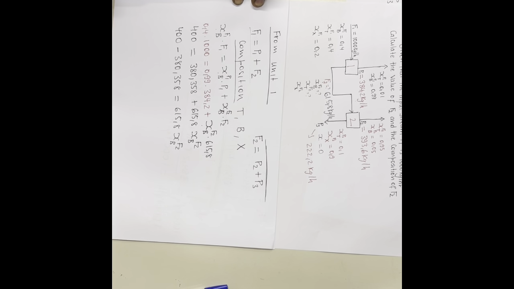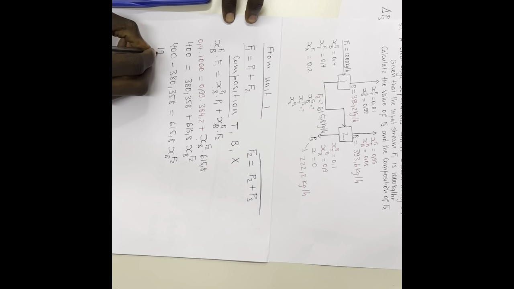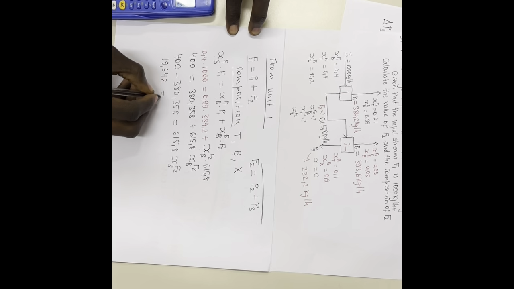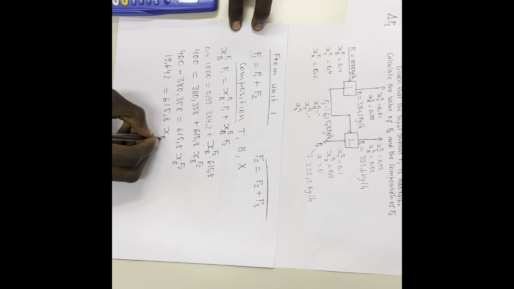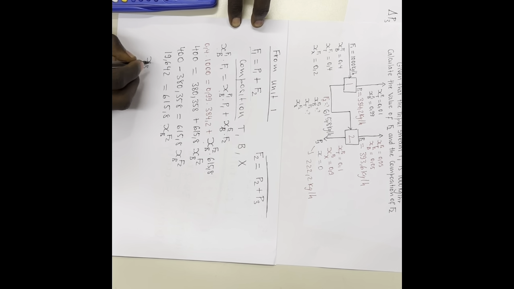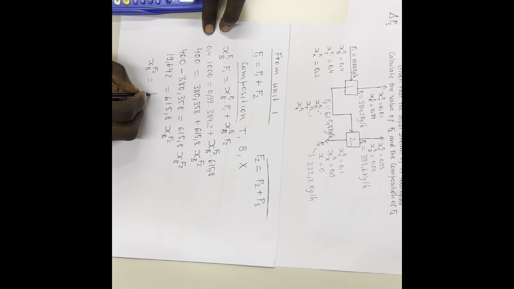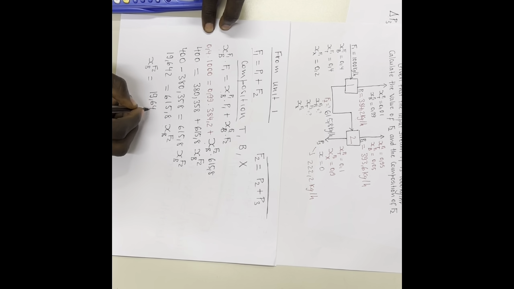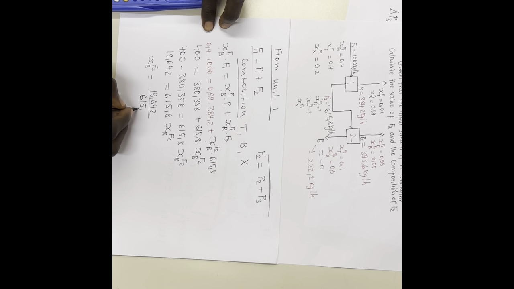So now take that one minus 50. Because this is a big number, the answer is 19.64, equal to 605.8 X_B in F2. Solving for X_B, we have 19.64 divided by 615.8.